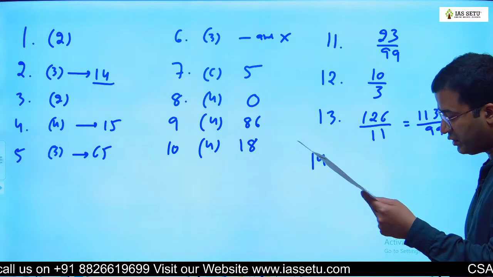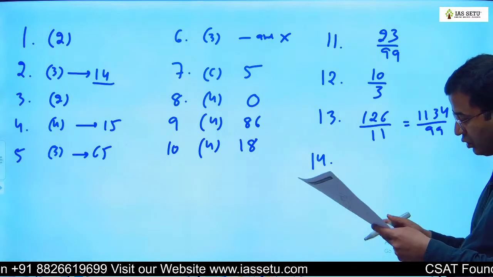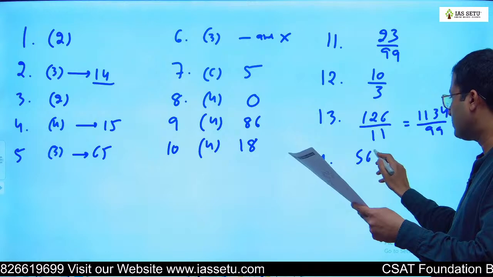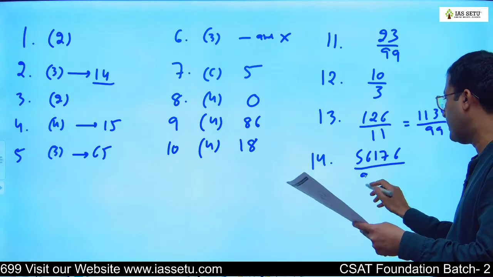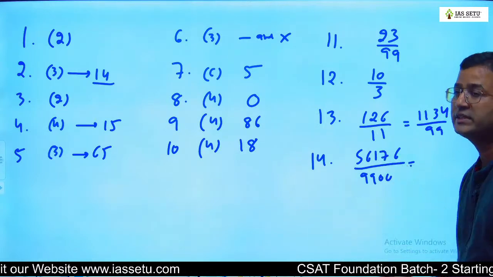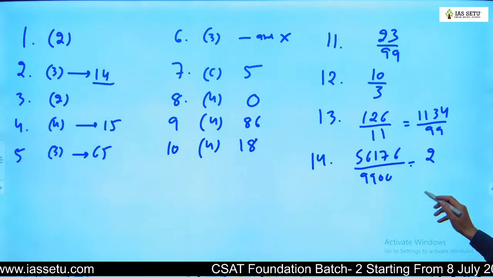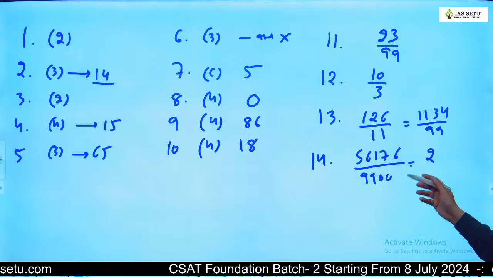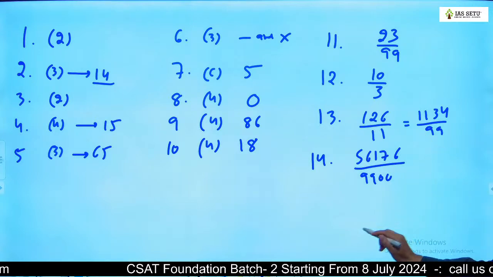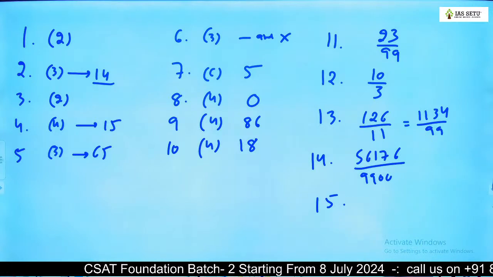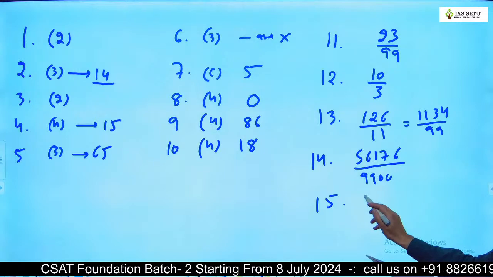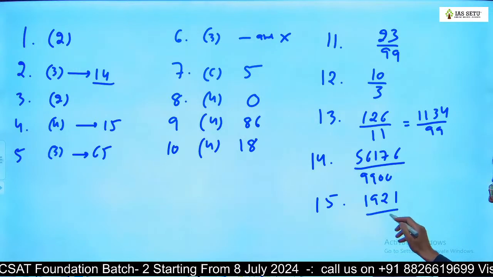Question number 14, 56176 divided by 99. Simplify, it is divisible by 2, so you can simplify it. Question number 15, 1921 upon 90.